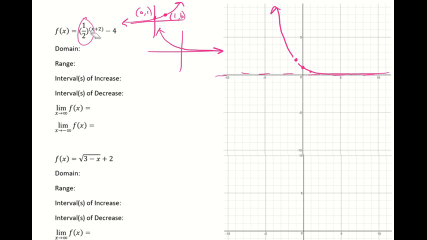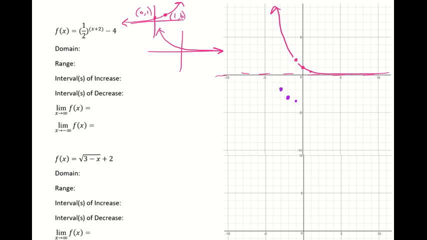But then, once we add in our transformations, the plus 2 in the argument is shifting it to the left 2. So it's going left 2, down 4. So you just take these points, left 2 and down 4.